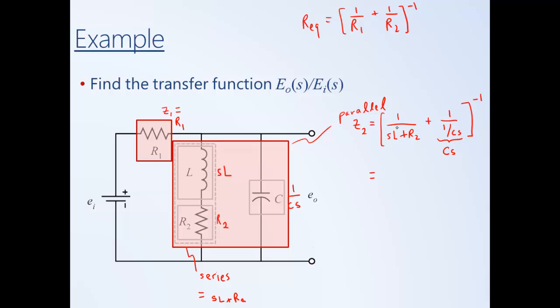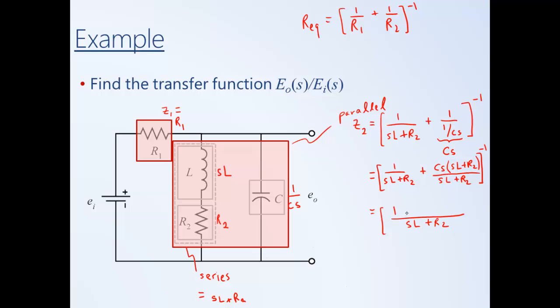In order to combine these two inner elements, they need to have a common denominator. So we need them both to have a denominator of sL plus R2. In order to achieve that, we multiply CS by sL plus R2 and divide it by sL plus R2. Once they have a common denominator, then we can just add the numerators. So the denominator is sL plus R2.